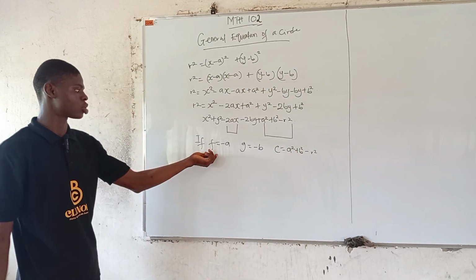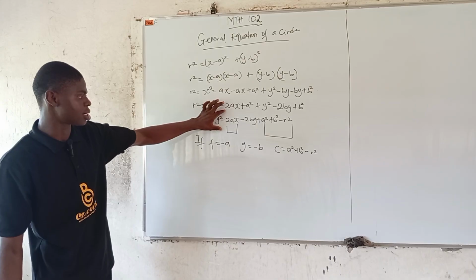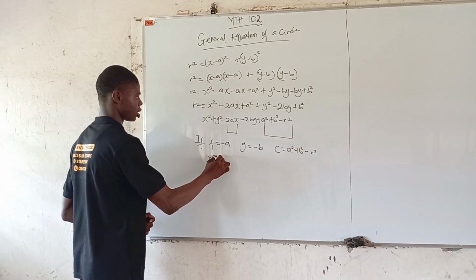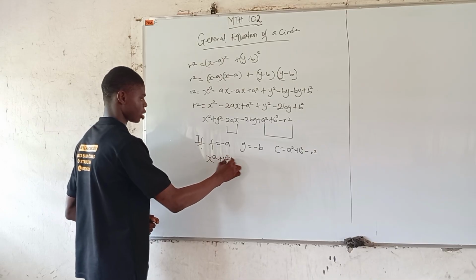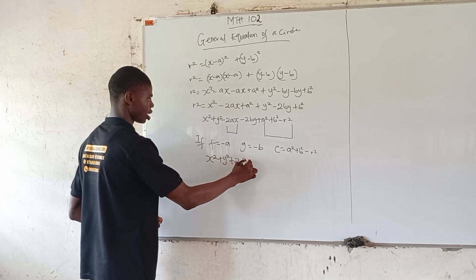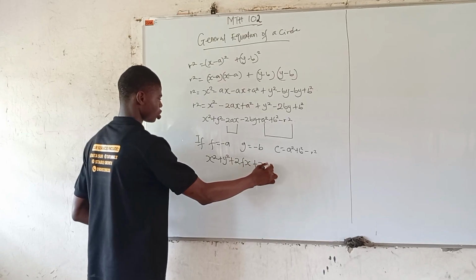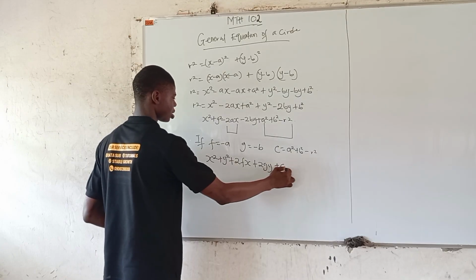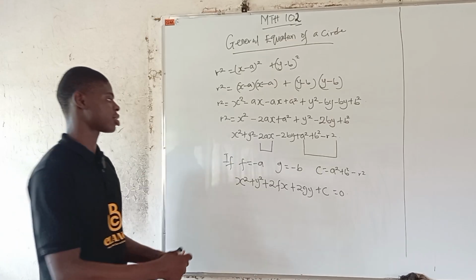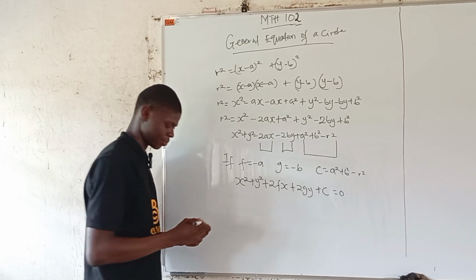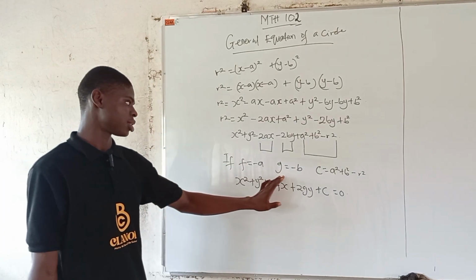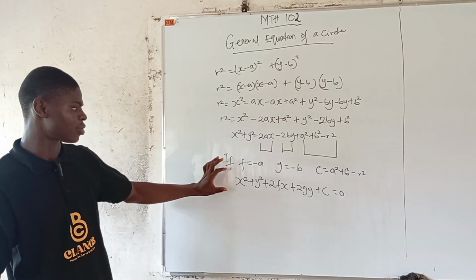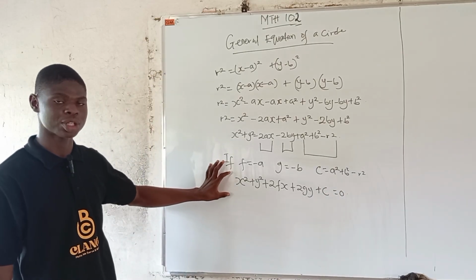If we substitute to replace them in this equation, you're going to have x squared plus y squared plus 2fx plus 2gy plus c equals 0, remembering that everything here represents c. Substituting where f is negative a, g represents negative b, and c represents a squared plus b squared minus r squared, we have our general equation of a circle, the general form of a circle.